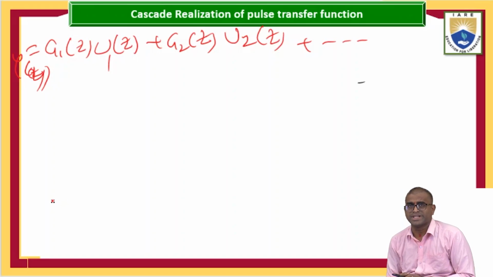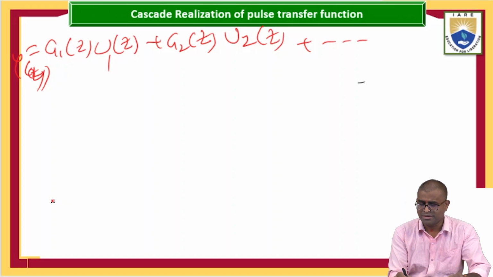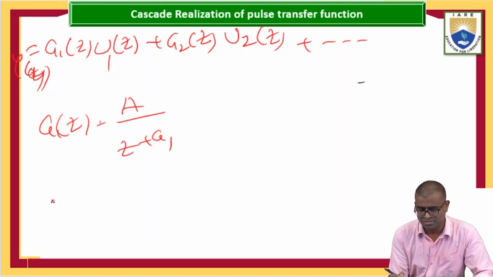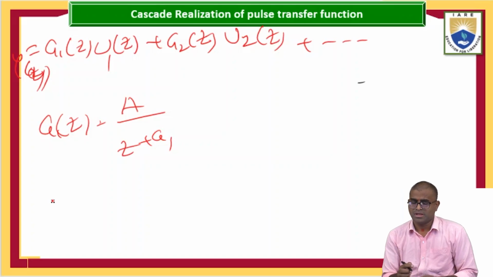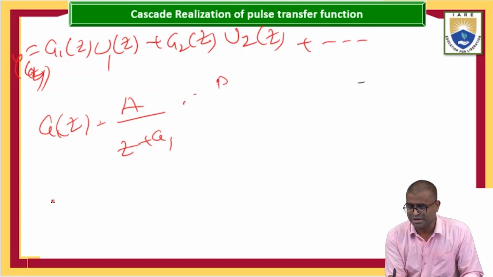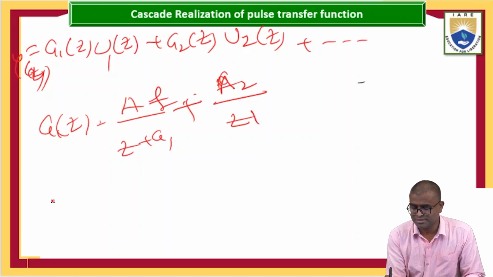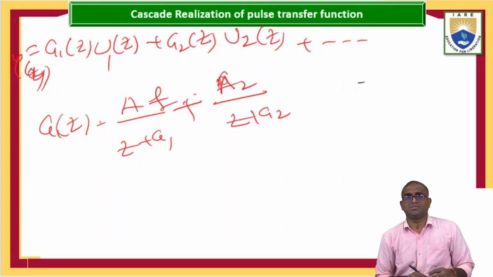For that, each function I am taking, g of z equal to a by (z plus a1), similarly a2 by (z plus a2).